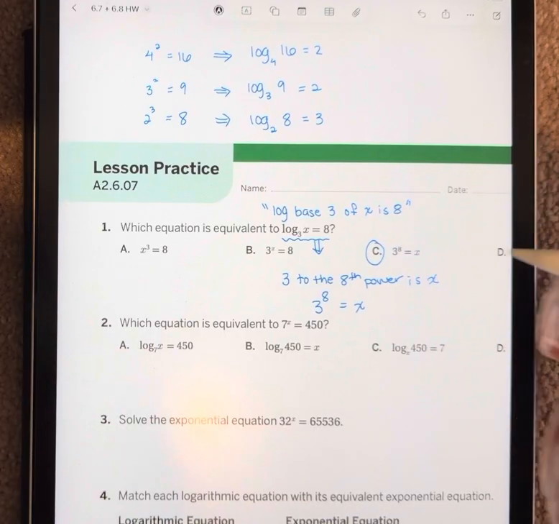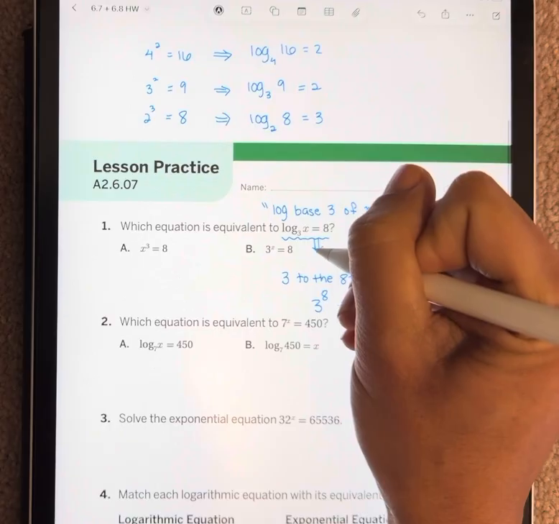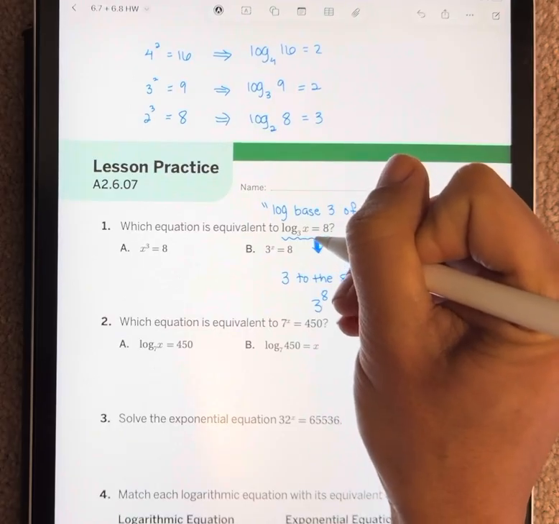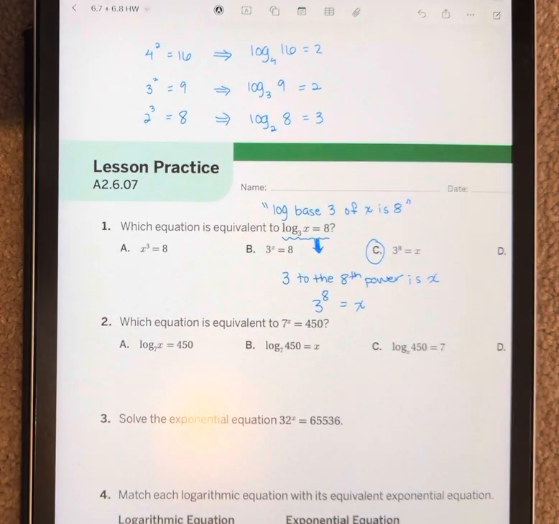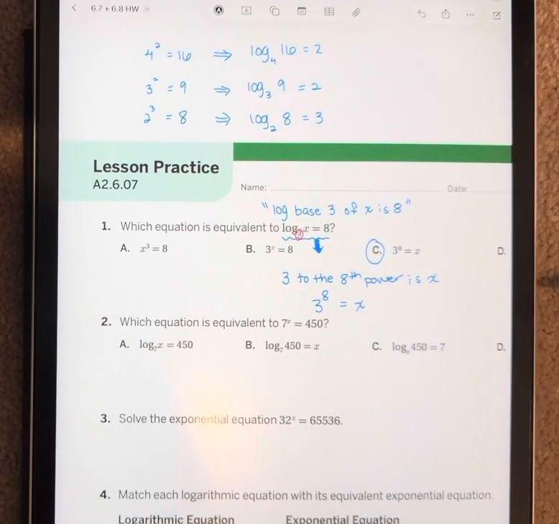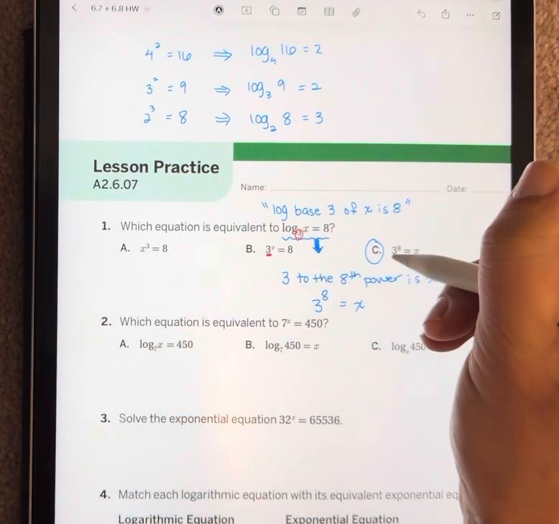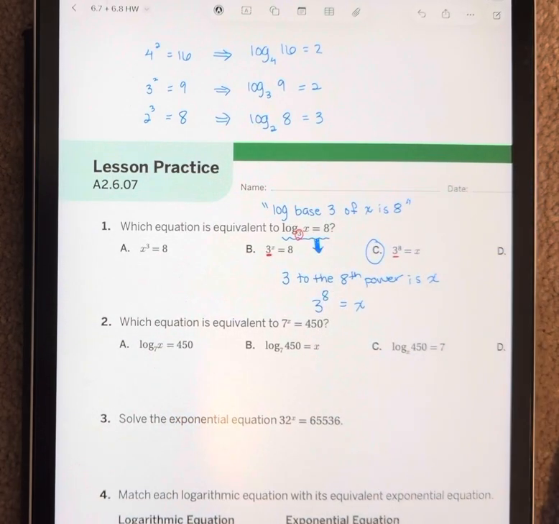And so here it is, okay? But let me give you a couple little hints on how to quickly eliminate some wrong choices, all right? The base of the log is 3. So it must be equivalent to an expression whose exponential base is also 3, okay?